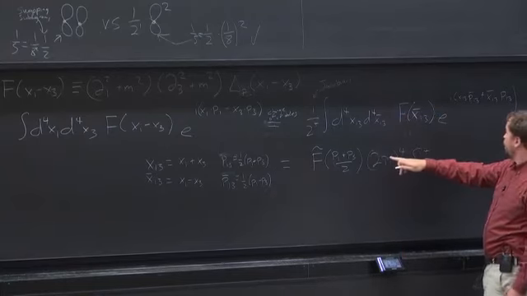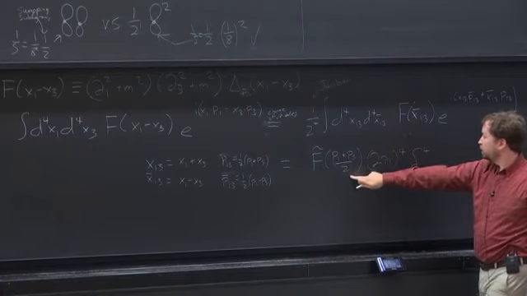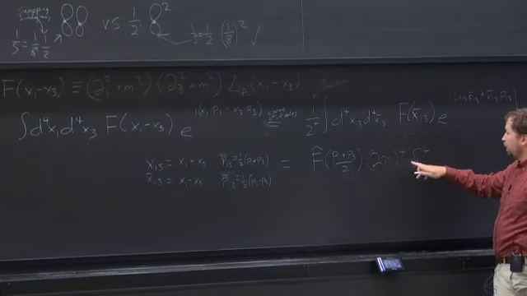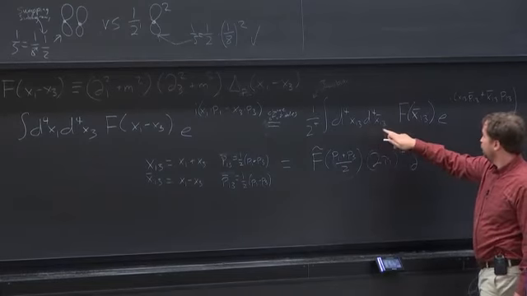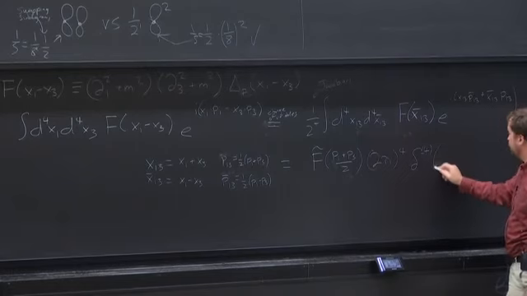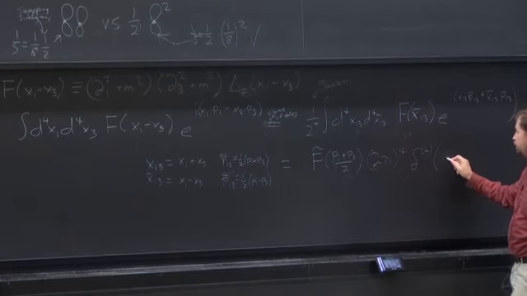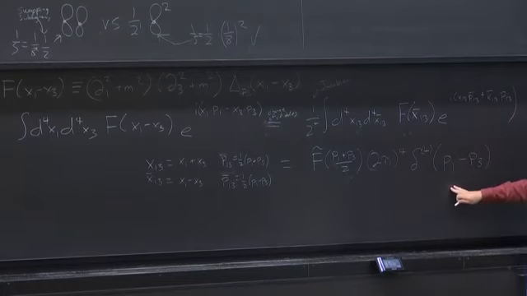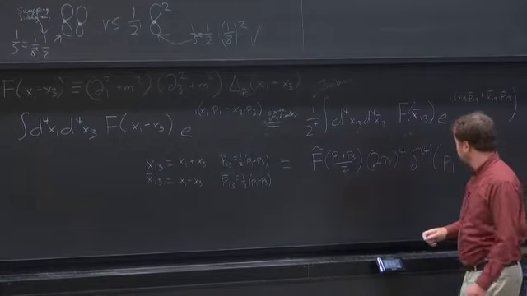And so the x13 integral will give me this Fourier transform of f. But the x13 bar integral will give me a delta of p1 minus p3. So this is an energy and momentum conserving delta. We expect to get energy and momentum conserving deltas on general grounds.